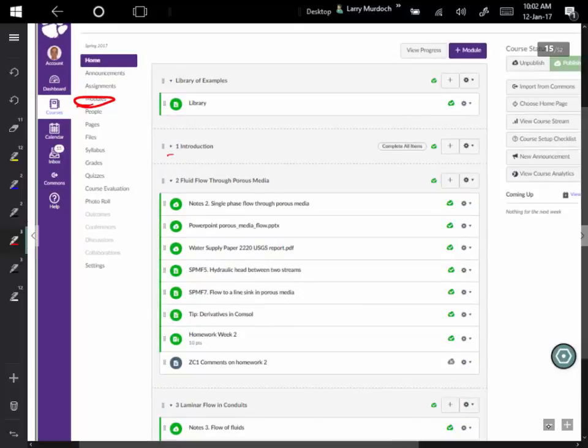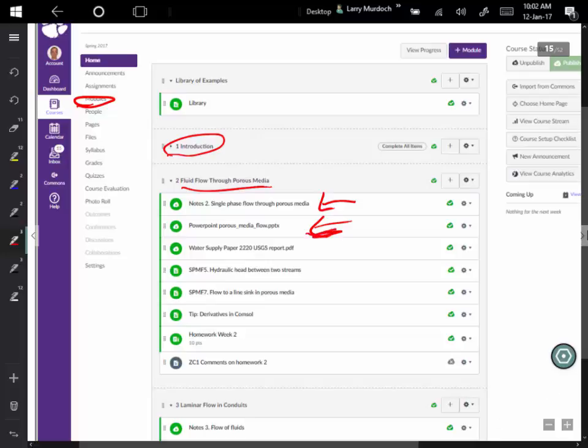So here's this week, this introduction, and then the fluid flow through porous media has a module, and within that module there are some notes, and there's PowerPoint. So the notes are a Word file.